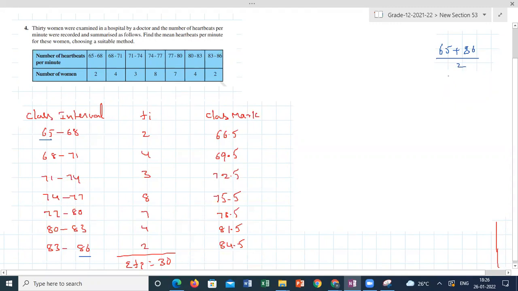Approximately 75 is the midpoint, so I'm taking 75.5 as the assumed mean.